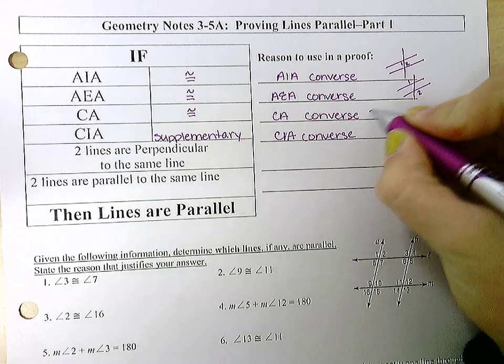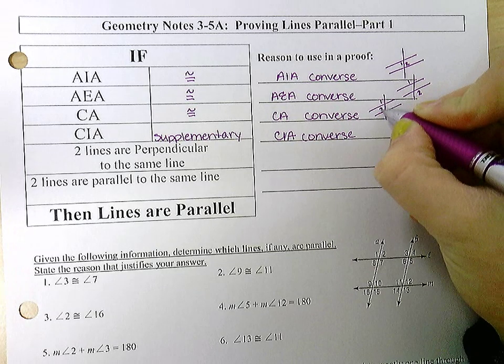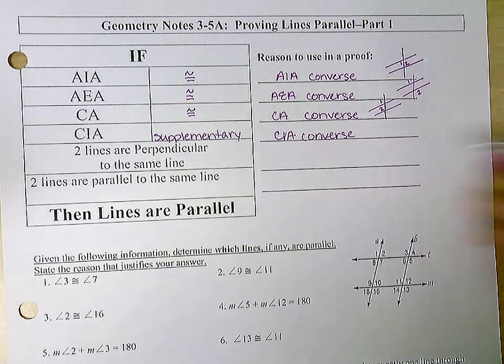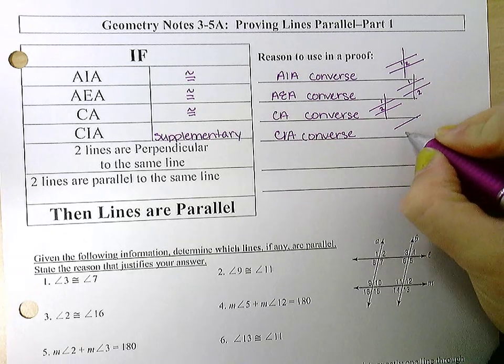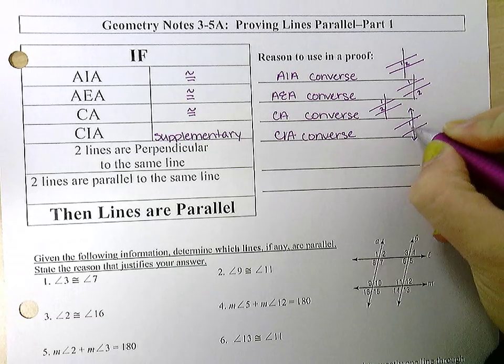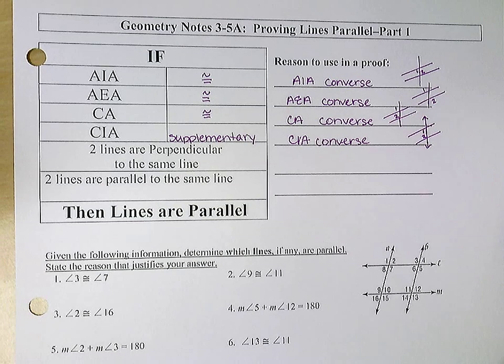Corresponding angles are on the same side. One is interior, one is exterior. And consecutive interior angles are both interior and on the same side of the transversal. Okay, so if you forgot where those were, that's what you should look for.